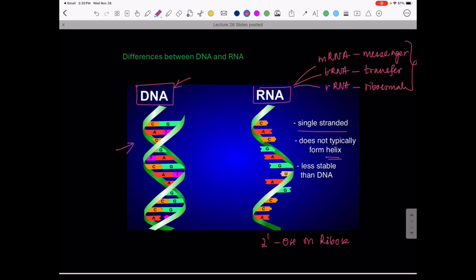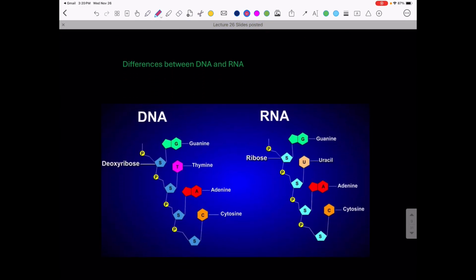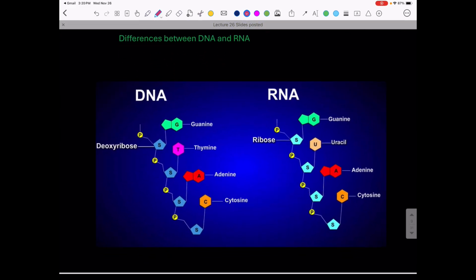Now, at the molecular level, the difference between DNA and RNA: DNA consists of 4 bases, that is A, G, C, and T. A and G are the purines here. C and T are the pyrimidines.